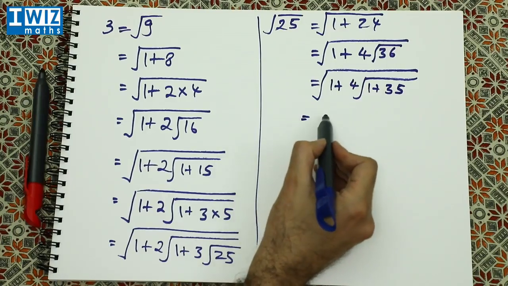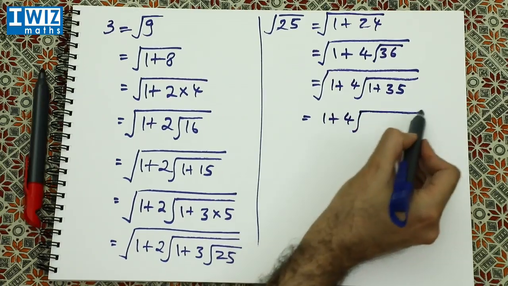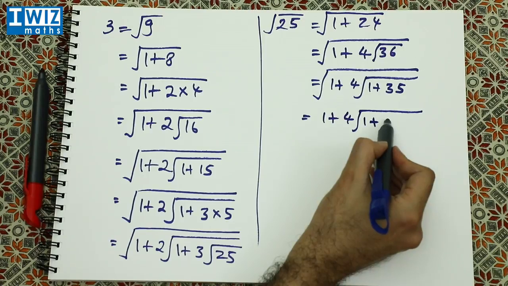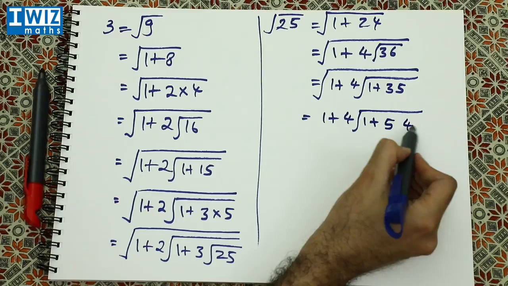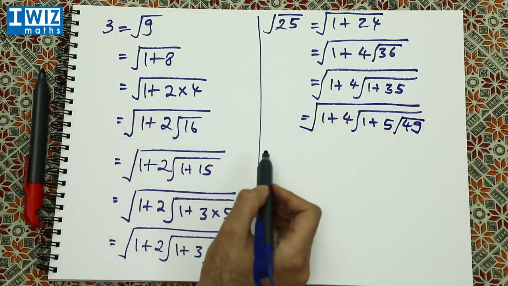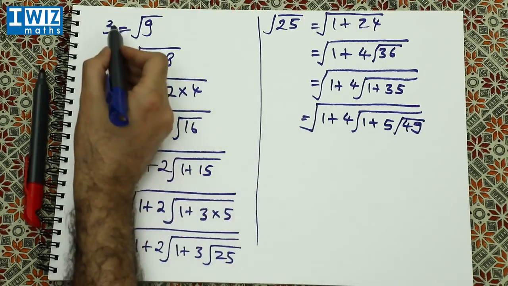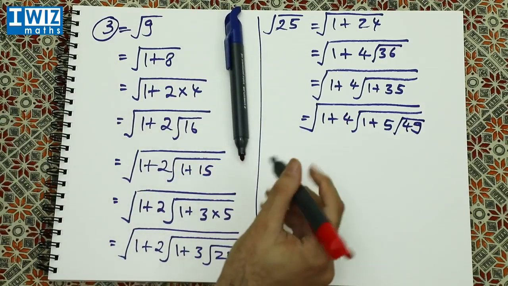So we get 1 plus 4, then 1 plus 5 times 7, but 7 is just the square root of 49. So you see there's a fairly regular pattern showing up here, and it gives the impression that 3 could well be the answer, and in fact 3 is the answer.